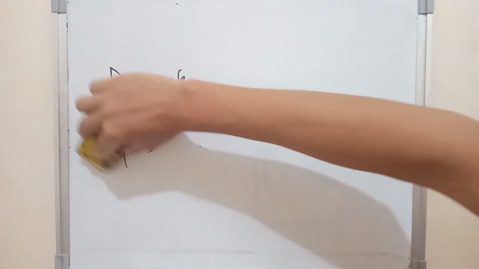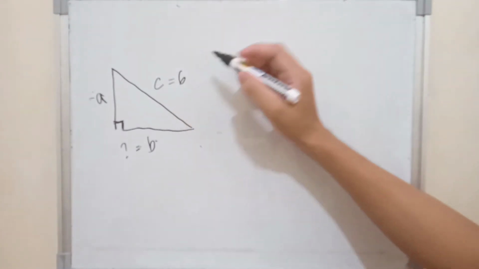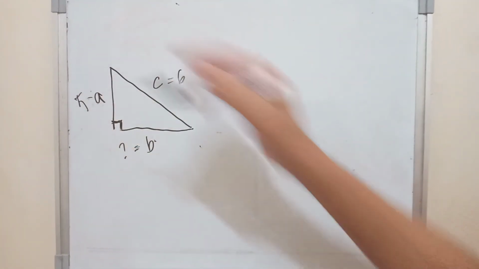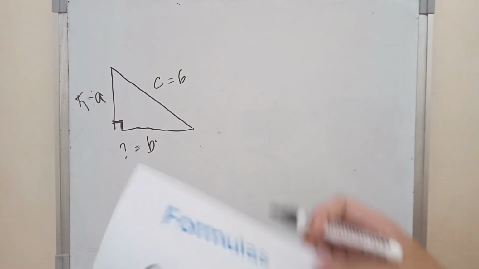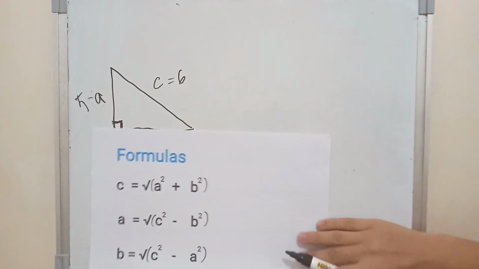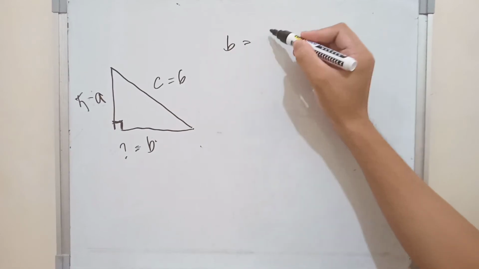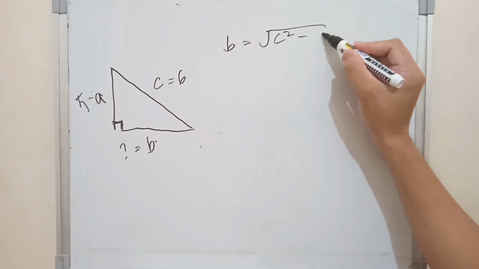Ganun din sa B. Try naman natin na yung B is unknown. Natin alam, ito try natin to as 5. So, balikan natin yung formula. B is unknown. Ito yung gagamitin natin. B equals square root of C squared minus A squared.